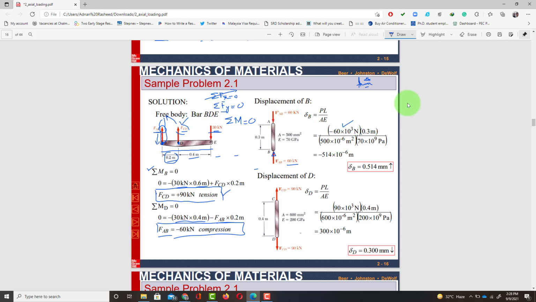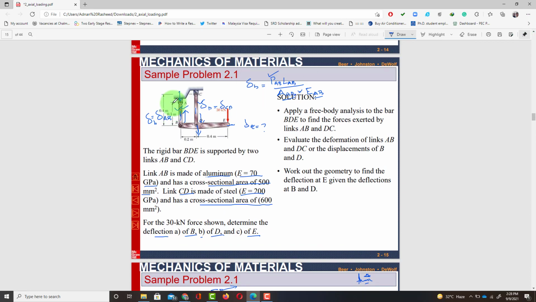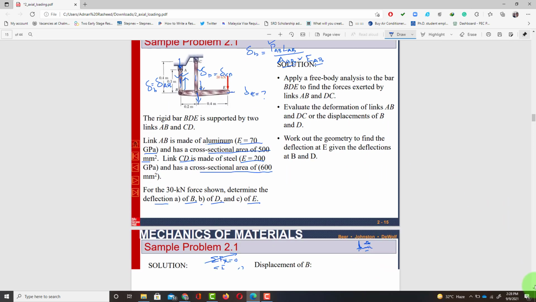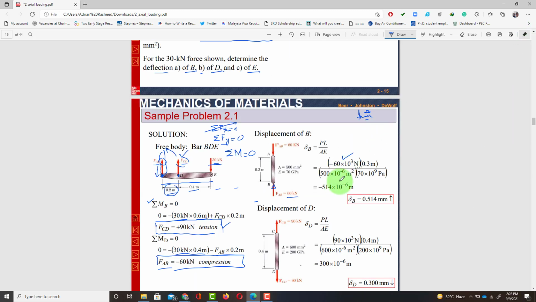Length is given as 0.3, and area is also given for AB, which is 500. So all values are available. So you have to put in the values and you will find the deformation in link AB, which is negative. So it means that there will be contraction in AB.